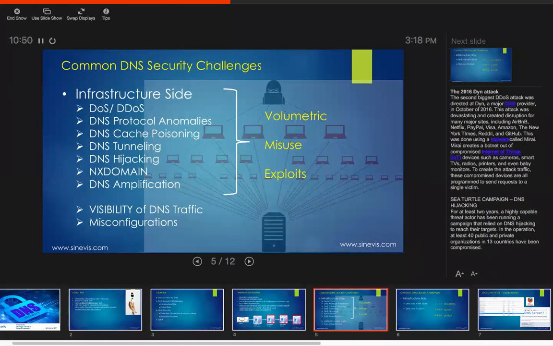DNS is a must, right? So this is one of the very common channels for exfiltrating data. Now, people argue, okay, we have firewalls, we have IPS, which block any kind of malicious attempt. But today, the majority of organizations are not able to detect DNS tunneling.